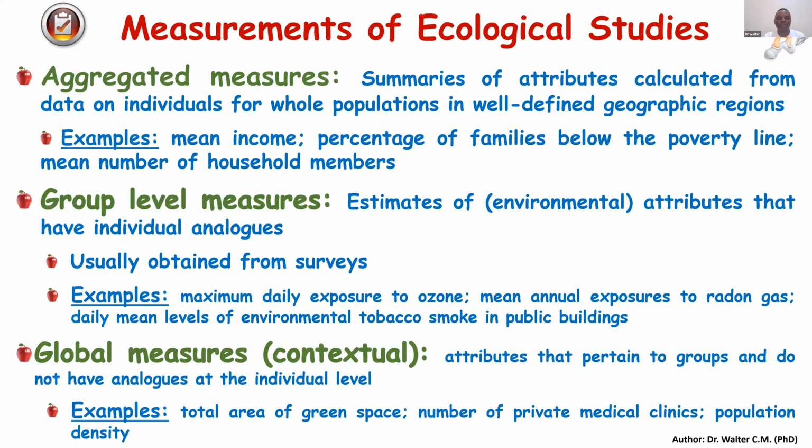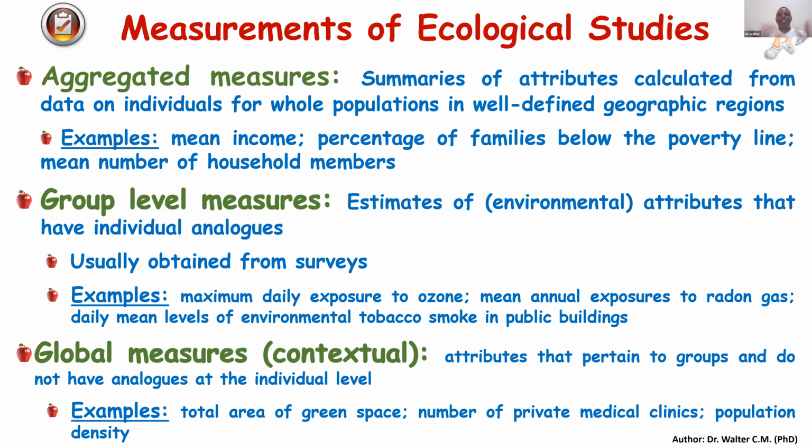These are the levels at which you are allowed to conduct research. If you have a title, and you ask yourself the questions that I showed you in the second or third slide, and you get the answers and say my study design fits to be ecological, it means you need to be in a position to opt: is it ecological, where you measure aggregated, group level, or global level?